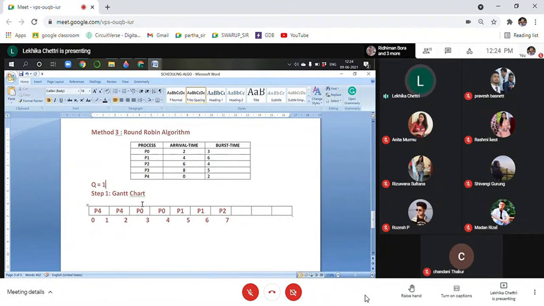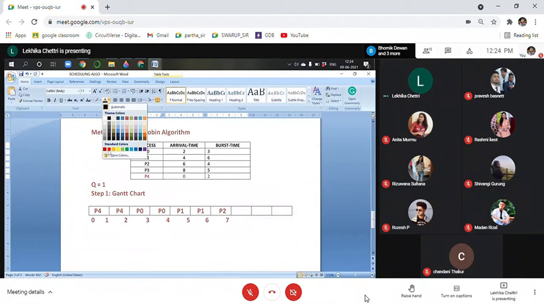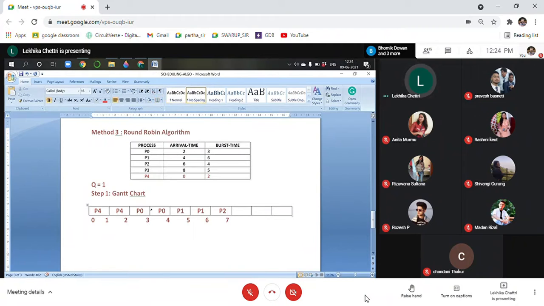Okay, so now see here, P4 is done. P4 needed 2 units of time, and it has already taken 2 units of time. So let me write down P3 to answer your question. After P3, what was the first one?